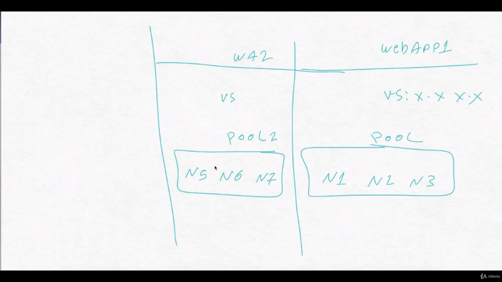The point here is, within the organization, if we have another business unit, two business units whose applications are not related to each other, and you are asked to utilize the BIG-IP for both business units.